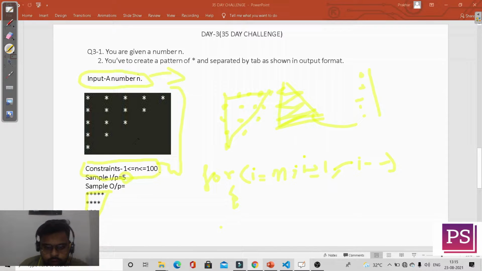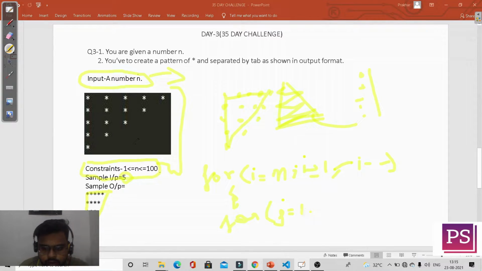So we have to use another for loop, like I have explained in the last videos also, in the day 1 and day 2 videos, where we used another for loop. The same for loop we have to use here also.